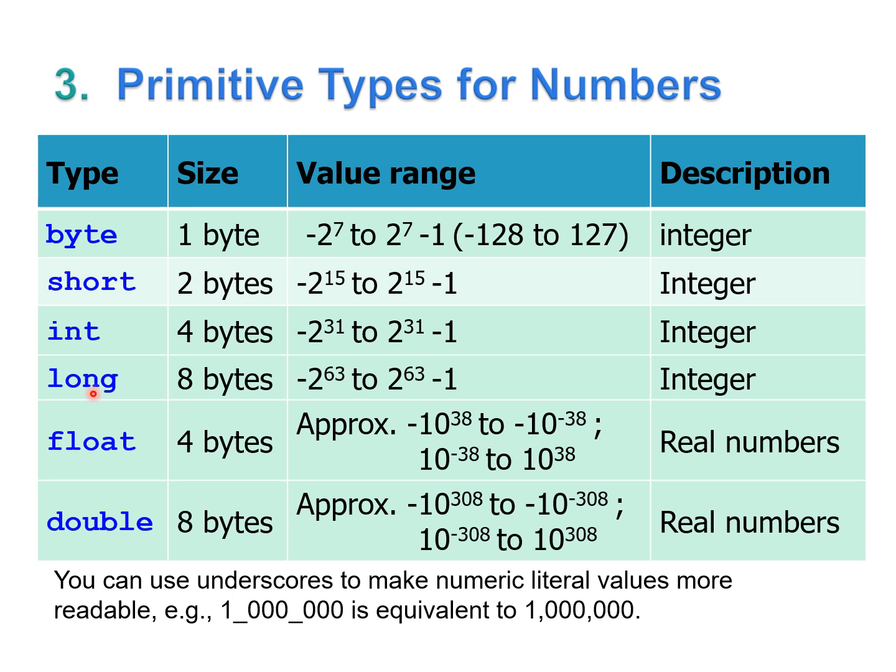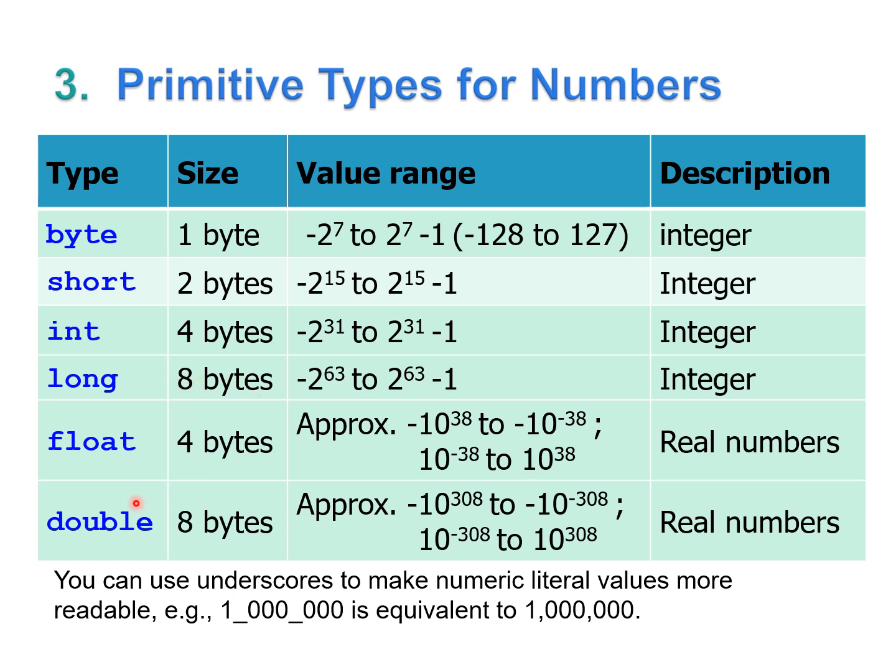The longest type for integers is long, which has a size of 8 bytes, so it can hold integer values from -2^63 to 2^63 - 1 because 8 bytes has 64 bits.